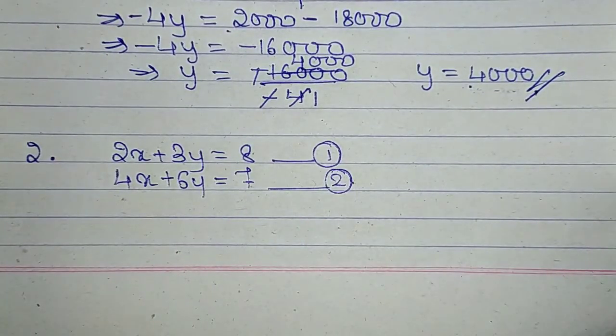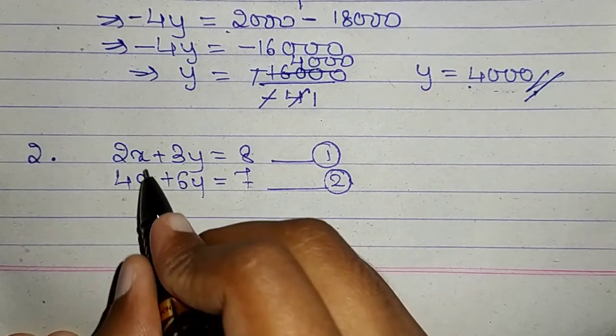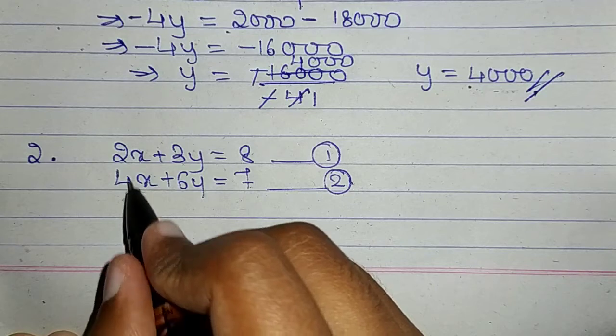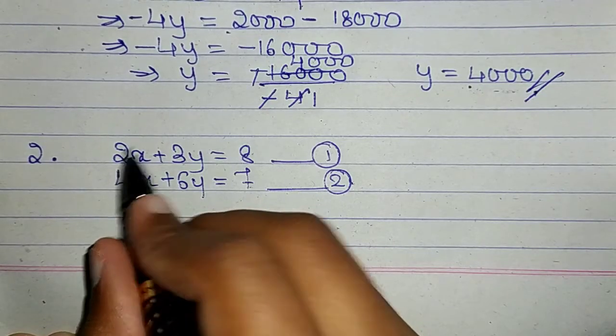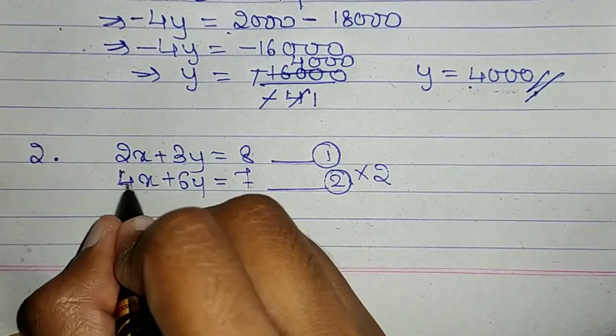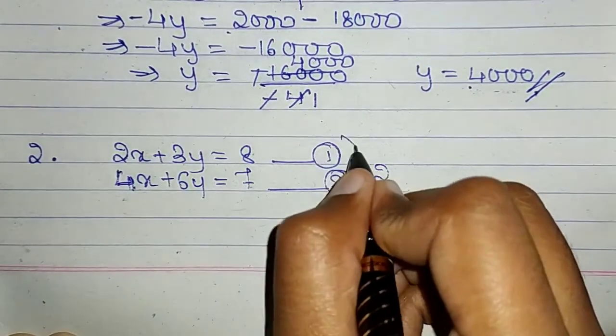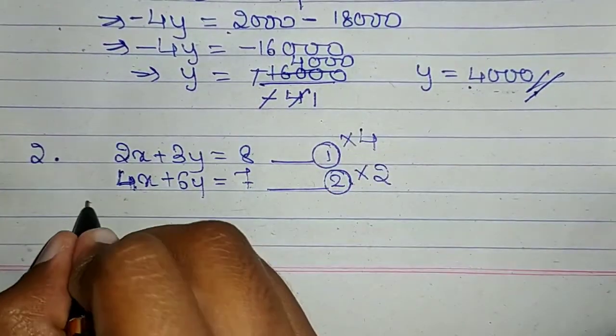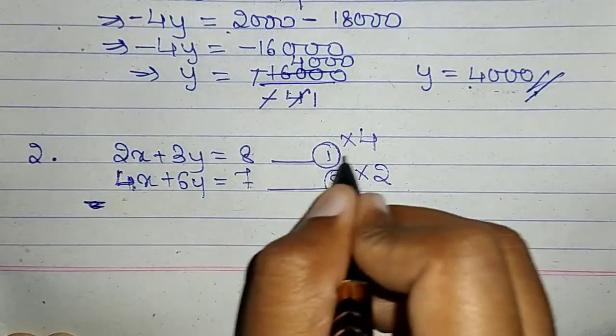We are to find the possible solutions for these two equations using elimination method. So here let us eliminate x variable. Coefficient of x here is 2, so multiply 2 to equation 2, and coefficient of x here is 4, so multiply 4 to equation 1. Now rewrite the equations.